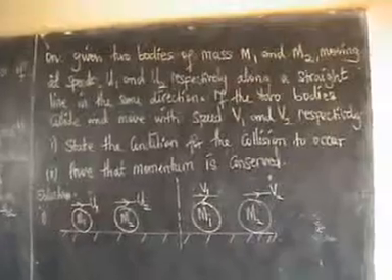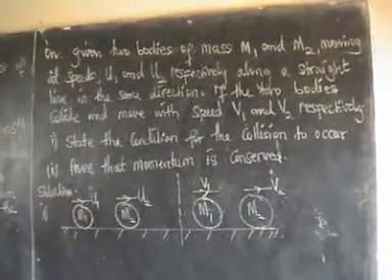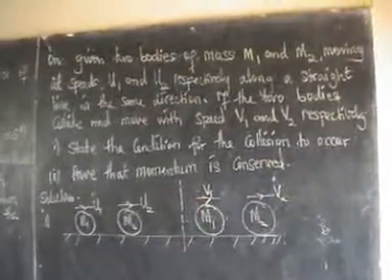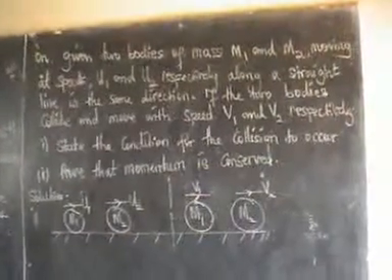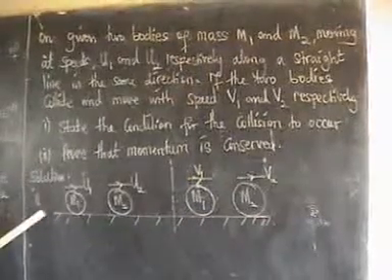Remember, in our definition we say that the momentum is conserved provided no external force acts on the system of the colliding bodies. Now Roman 1 requires us to state the condition for the collision to occur.